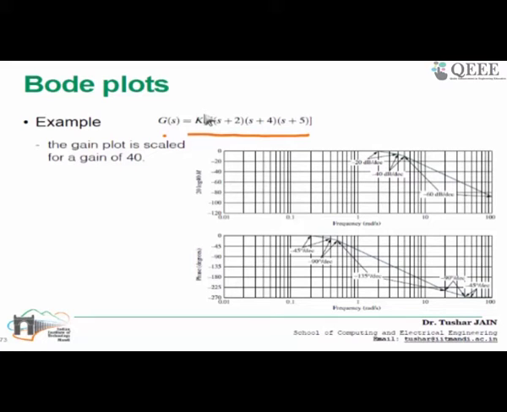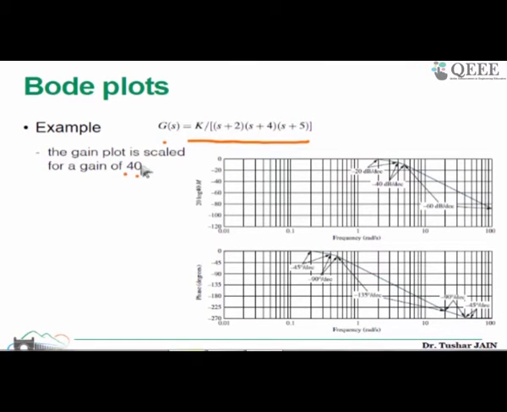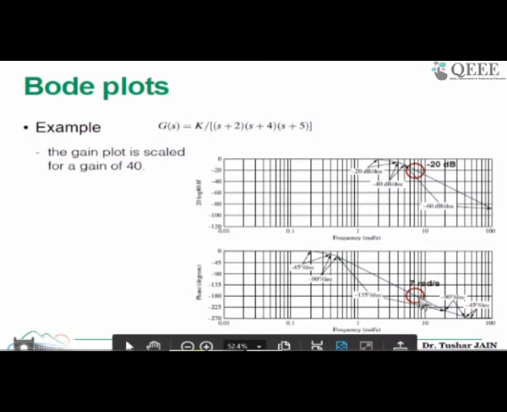Either you assume K is equal to 1, or you can use other values, like here I have chosen 40. When I choose this value 40 for this G of S, this is the Bode plot I get for this transfer function. Then I compute the phase crossover frequency and the gain crossover frequency. So at this 7 radian per second, I have the phase which crosses this minus 180-degree line. And then I see the gain margin.